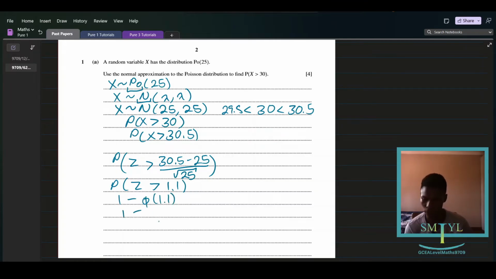Reading phi of 1.1 from the tables gives 0.8643, which simplifies to give 0.136, and that's our final answer for part A. Let's move on to part B.